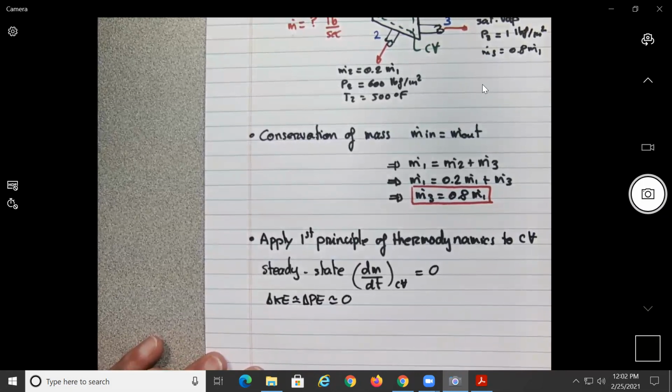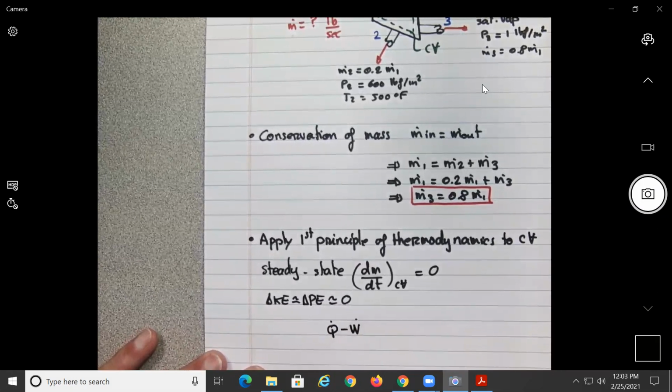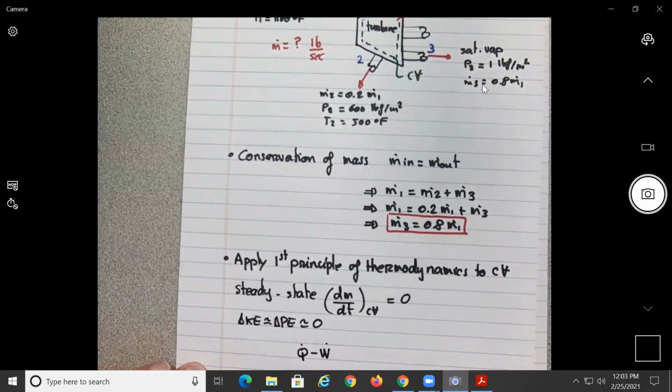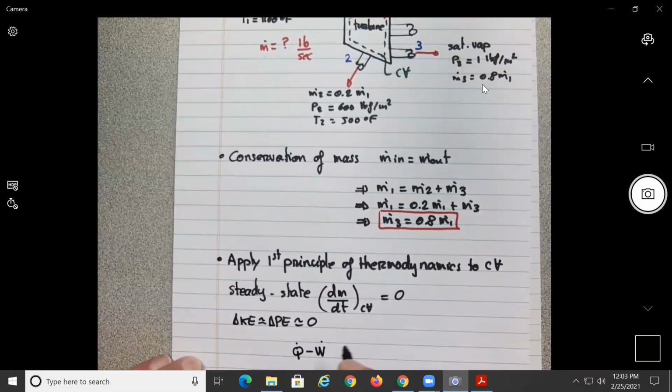So what is the form of the first principle that we're going to use? We're going to have Q minus the power plus what?